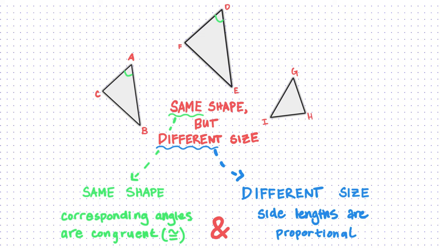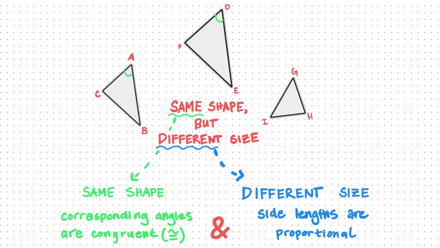If they are congruent, then I am saying that angle A is the exact same measurement as angle D. When I say same shape but different size, I mean that the side lengths are still proportional to one another. That means that all the sides on triangle ABC can be multiplied by the same scale factor to result in their corresponding sides on DEF.